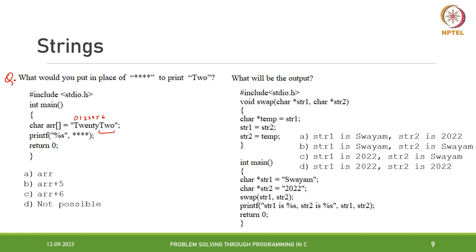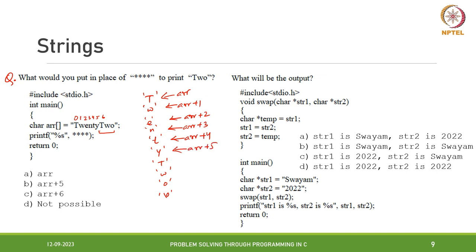Basically what you're doing here is, you're at ARR, so it's something like this. This is the string written in a blown up form. This is ARR. Now this is ARR plus 1, ARR plus 2, ARR plus 3, ARR plus 4, ARR plus 5, ARR plus 6.